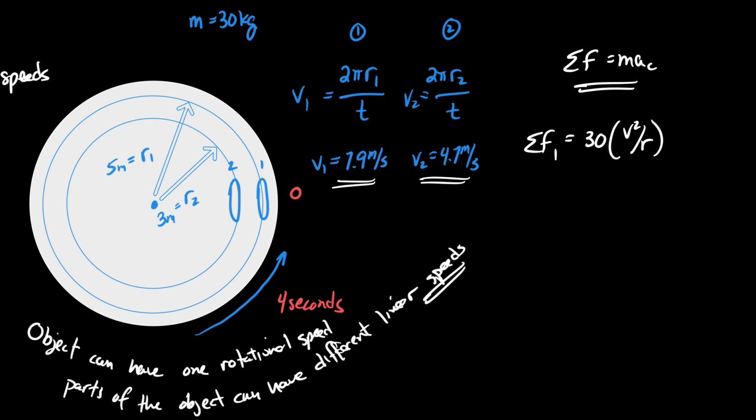And the net force for kid 2 will be their mass, 30, and v squared over r for their velocity and their radius. Not terrible, right? Not yet.